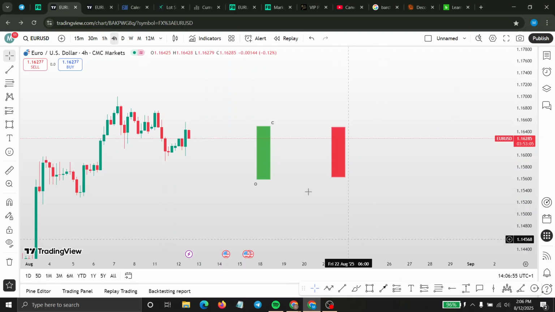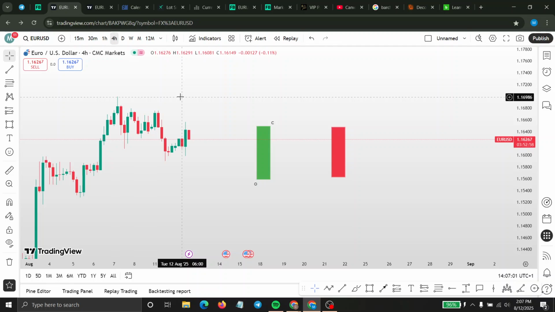Exactly. So it is the opposite of what the bullish candle does. The bullish candle opens from the bottom and closes at the top, while the bearish candle opens at the top and closes at the bottom.